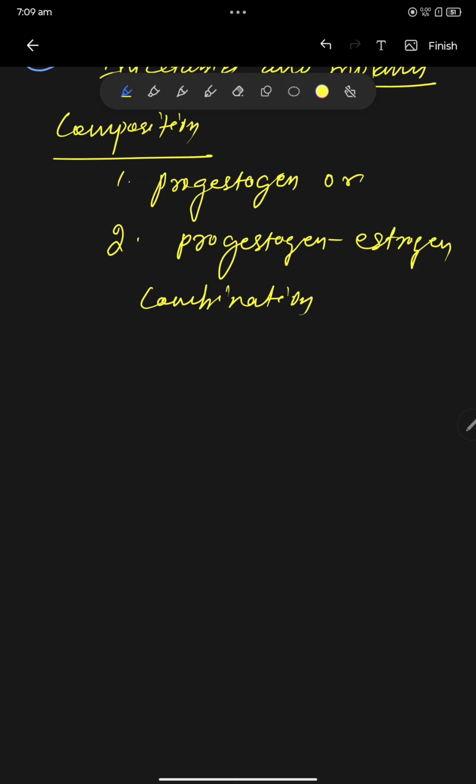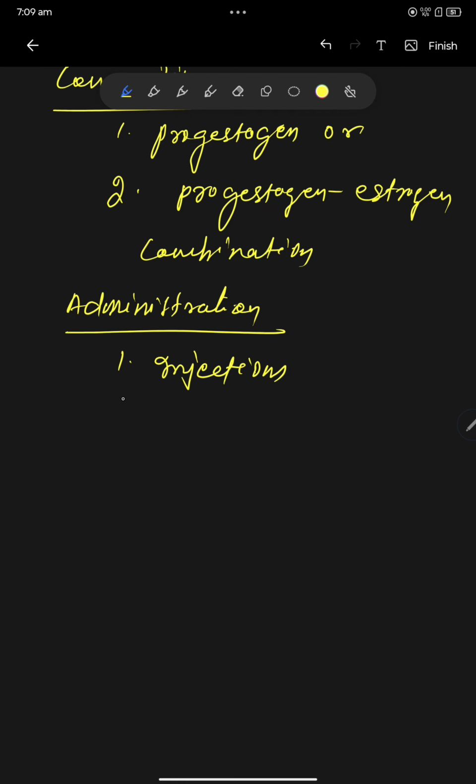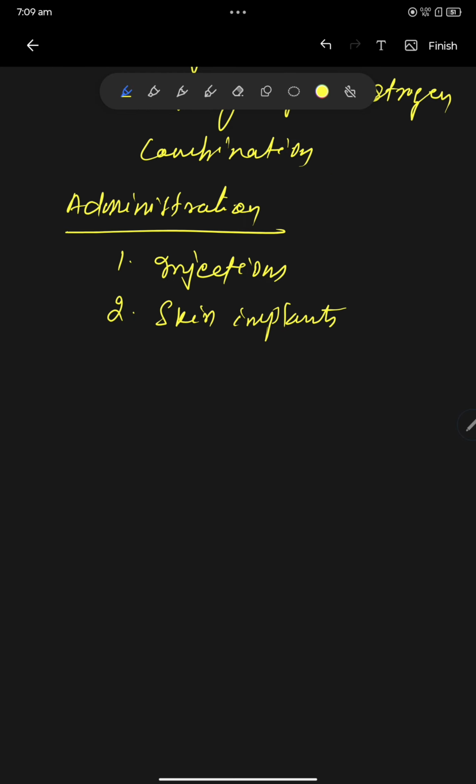Now how is it administered? It can be given as injections, or it can be implanted under the skin, implants. Okay. Now how does it work?